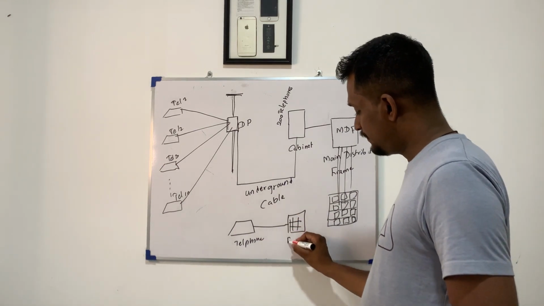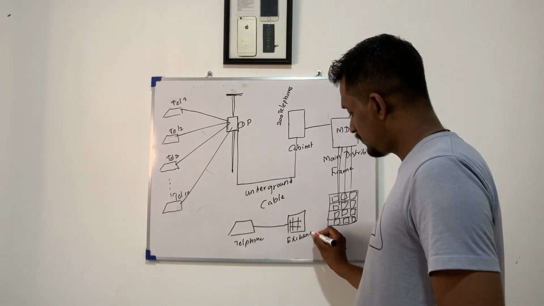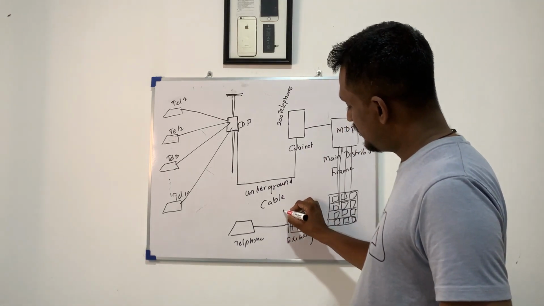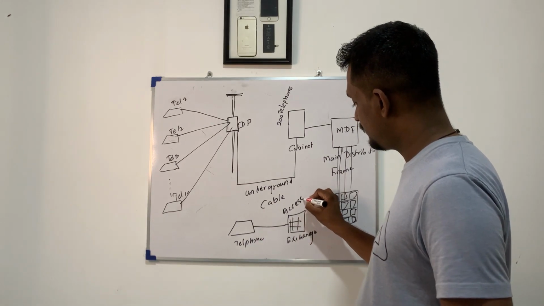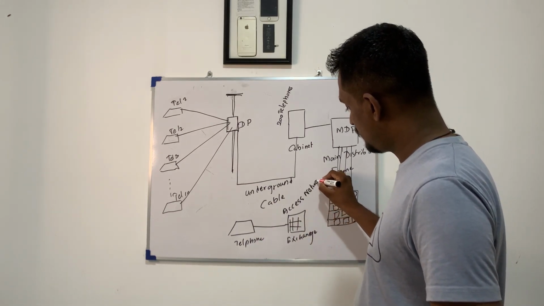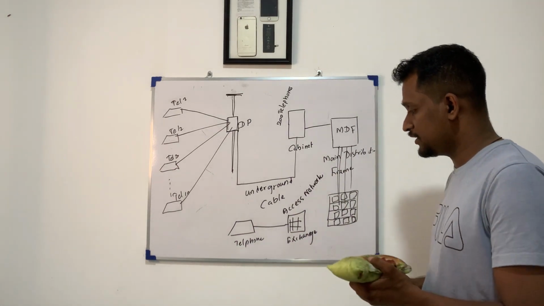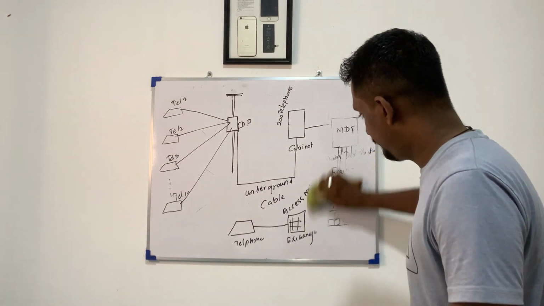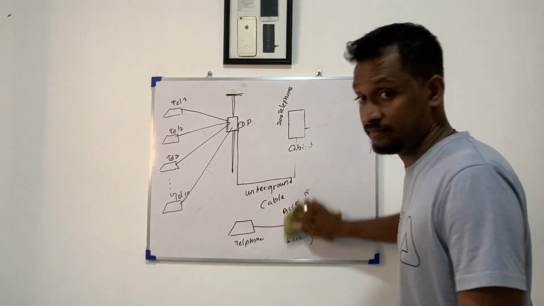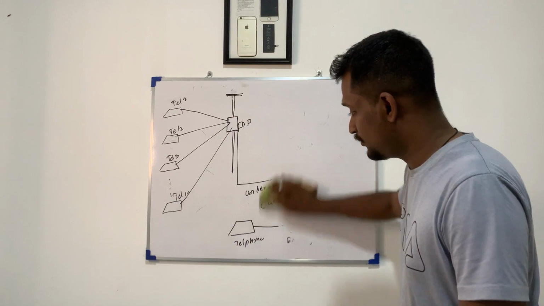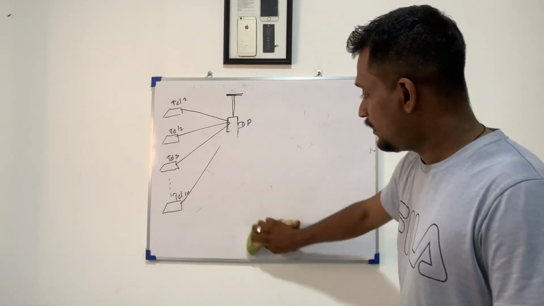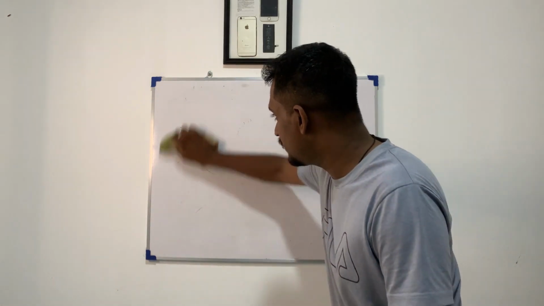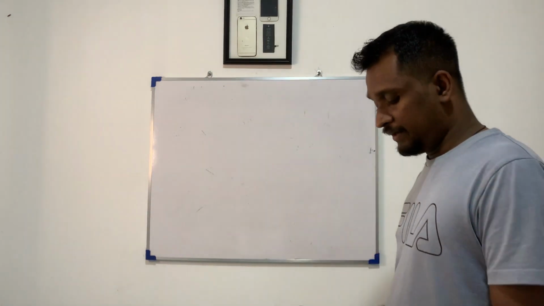This network is called the access network. Then I'll draw on the board once again to give you a clear understanding of these two network types, the access network and the core network. Let's see what the access network and core network are.